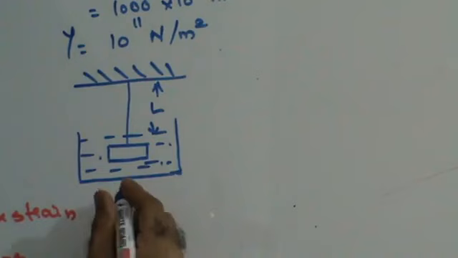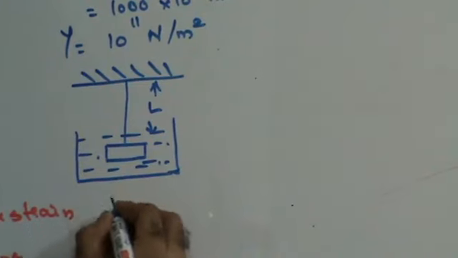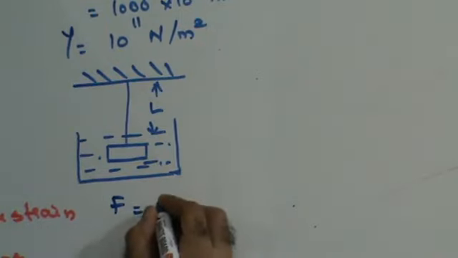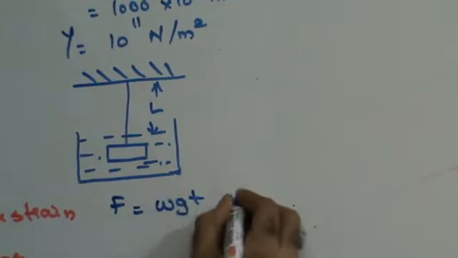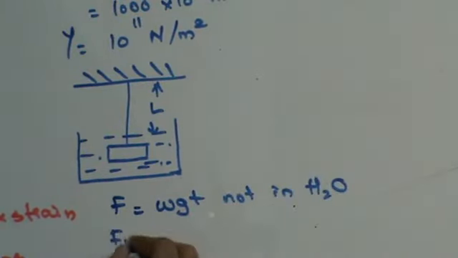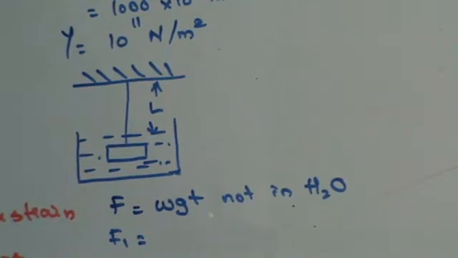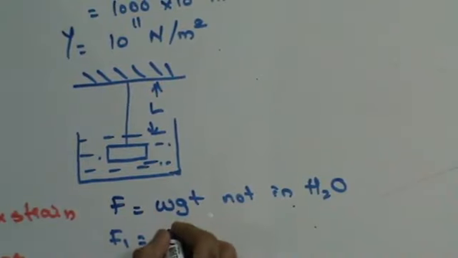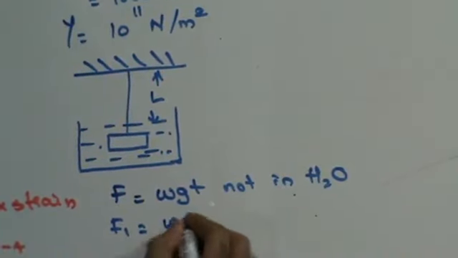Now, let us assume that F is the force on the wire when the brass weight is not immersed in water, and F1 is the force on the wire when the weight has been immersed in water.